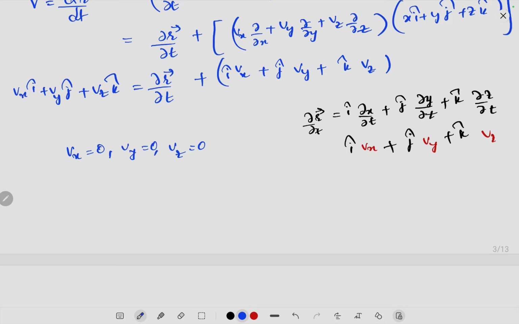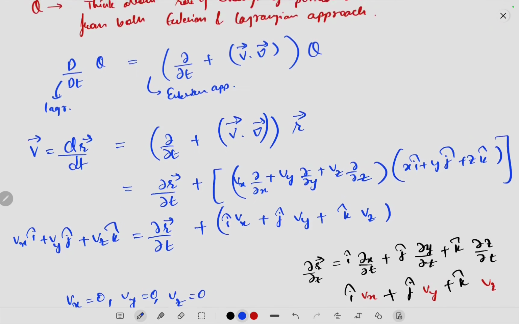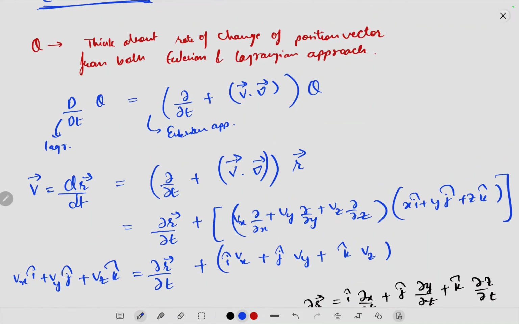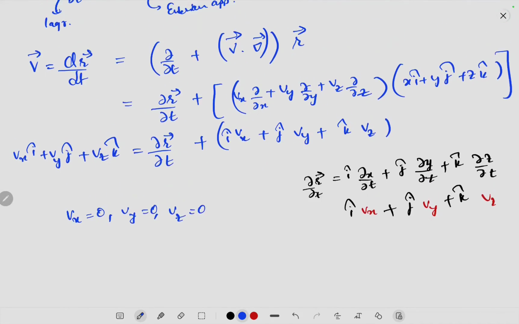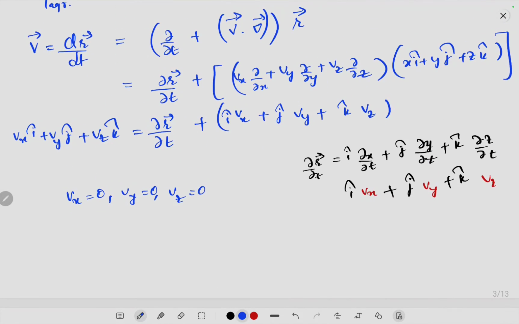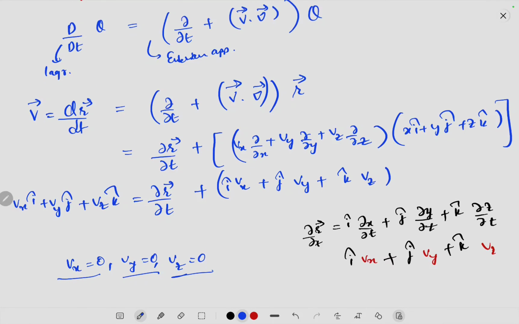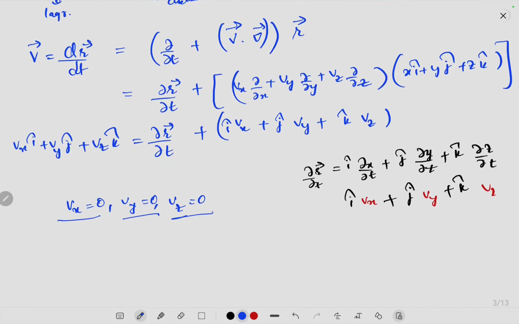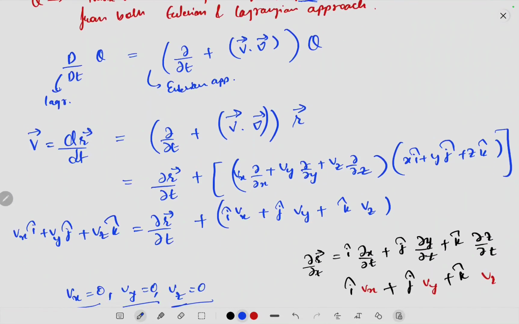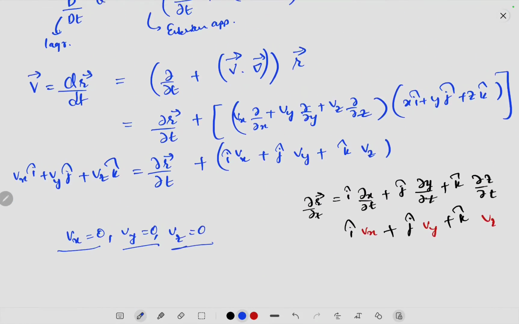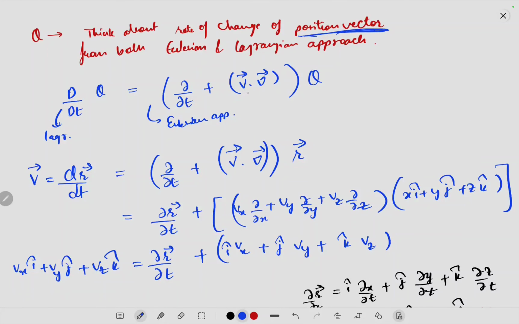So this is the confusion that can come into your mind, that if I use this approach, like an Eulerian approach, for this position vector, I get Vx equal to 0, Vy equal to 0, Vz equal to 0, which means that there is no velocity vector. But there has to be a velocity vector, right?